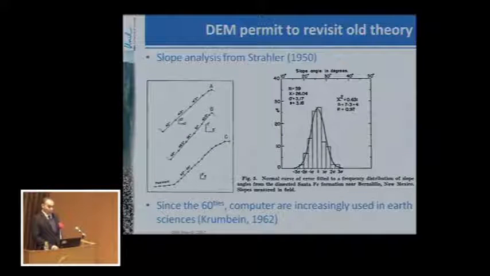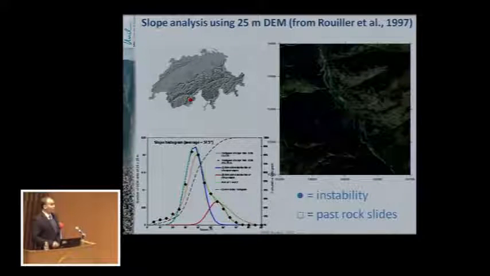Following that idea, using DEMs, we started 20 years ago to analyze a DEM with a grid of 20 meters. This is the slope angle, and this is the frequency. Those are the points observed in that area.